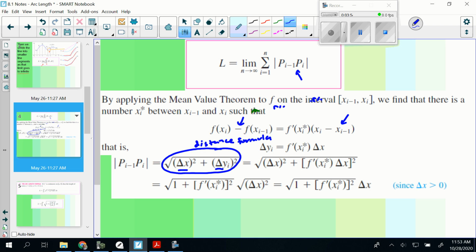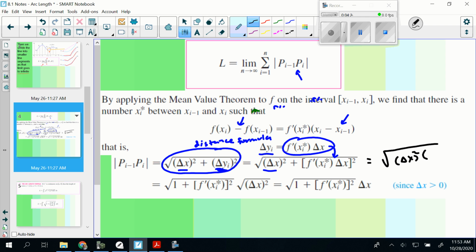Our change in x squared, we still have. Our change in y squared, we know from up here is equal to this, so that got substituted in. If we square both of those, we get the square root of change in x squared here.